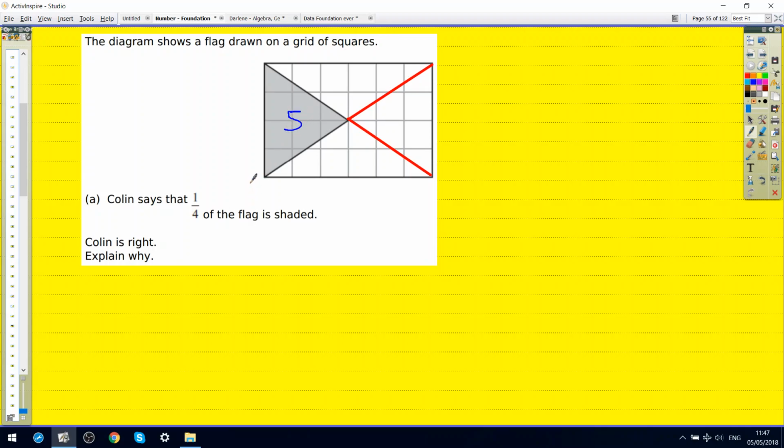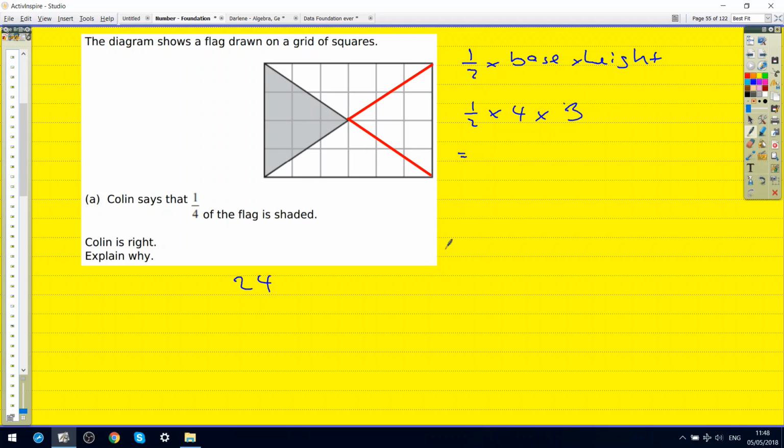What's the total number of squares? So total number is 24. Are you sure that's 5, the area? So that's 1, 2, 3. So it's a half times base times height. What's the base? What's the height? Yeah.